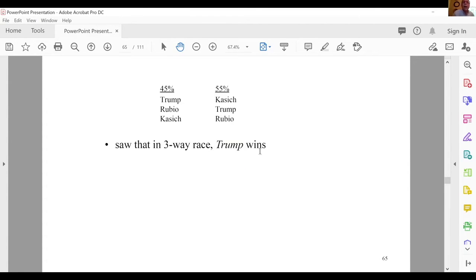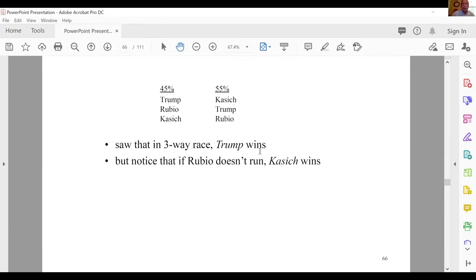And here's an example. This is the example I used a few minutes ago to talk about the Borda count. Notice that, as I said before, Trump wins in this scenario when 45% are Trump voters, 55% are Kasich voters, but that's only because Rubio is running.